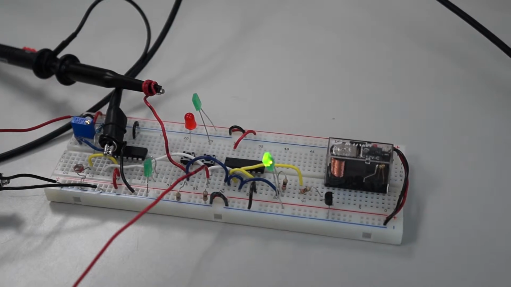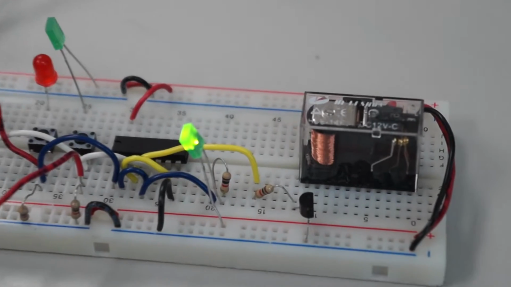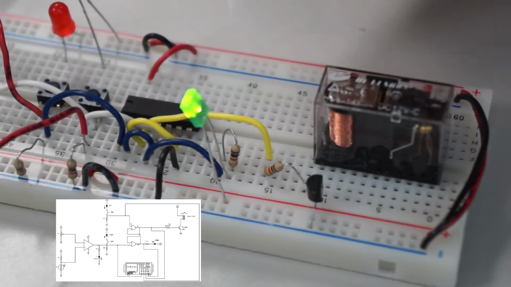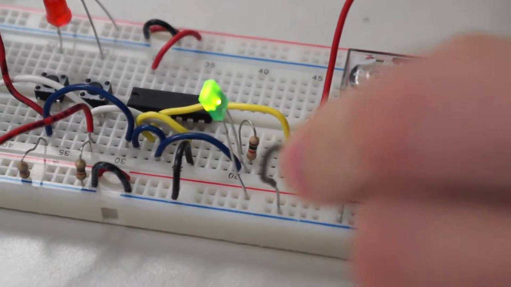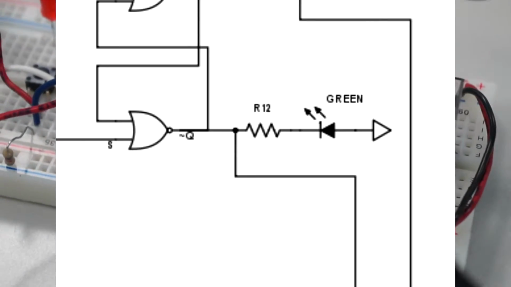Alright, now we're going to plug our outputs to the oscilloscope. So channel 3 is going to be our Q output. So to do that, we're going to connect it here to the ground. And channel 4 is going to be Q0.